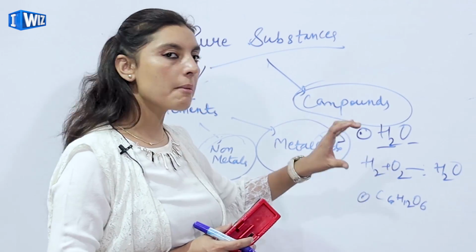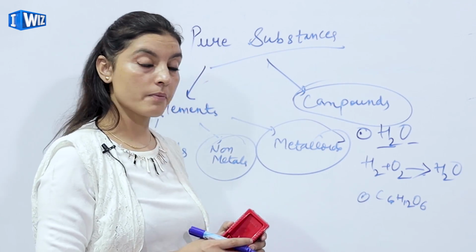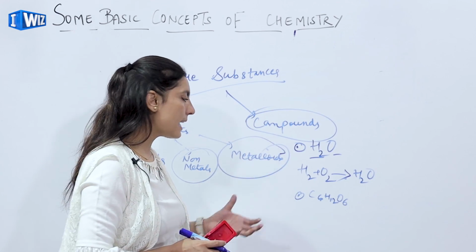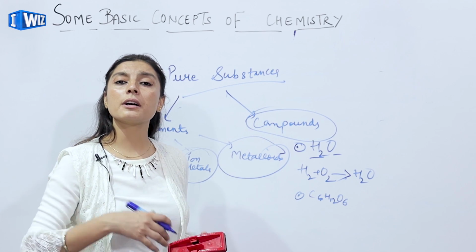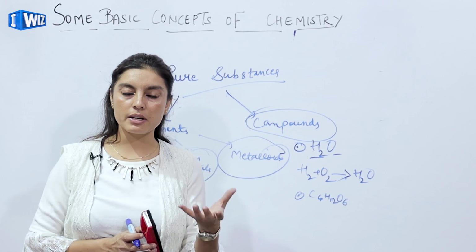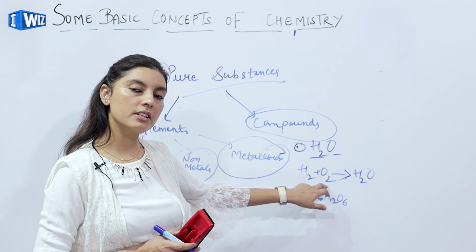The properties of the compounds will always be different from the properties of the elements. For example, hydrogen is an element which does not support combustion, but oxygen is an element which supports combustion. So both of them have different properties.